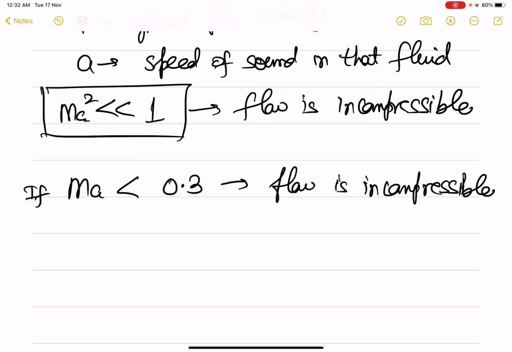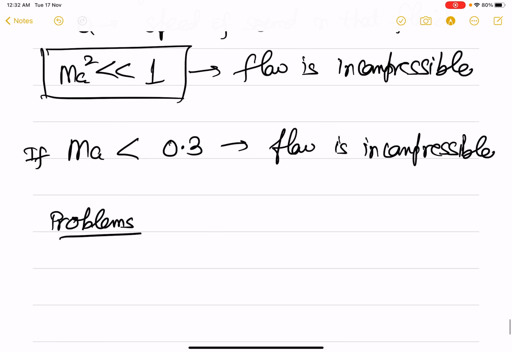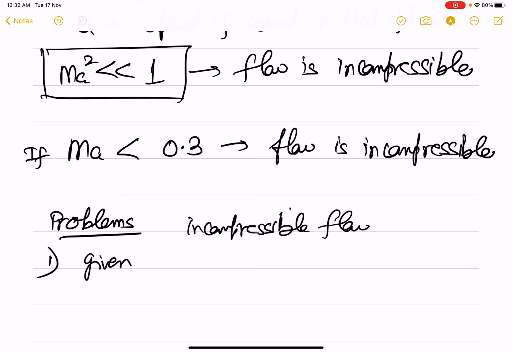Now a word on some typical problems which you will encounter in this topic. The first type will be: if we are given incompressible flow, if it is 2D, given Vx, find Vy.